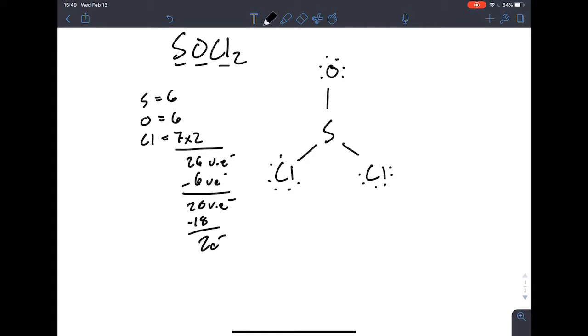Now we take those 2 electrons. Sulfur is needing an octet here, so we'll add those 2 electrons on the central atom. This would be your finished Lewis structure, and you can tell by all of the electrons being used up, and everything is satisfied by an octet.